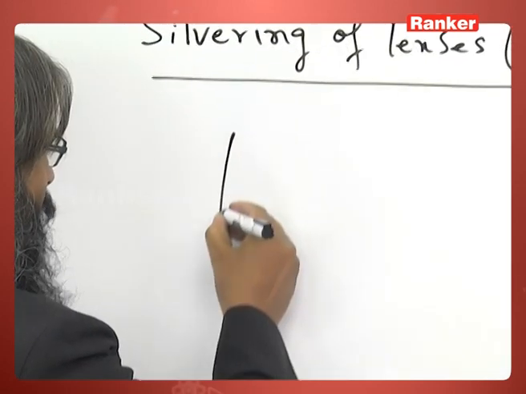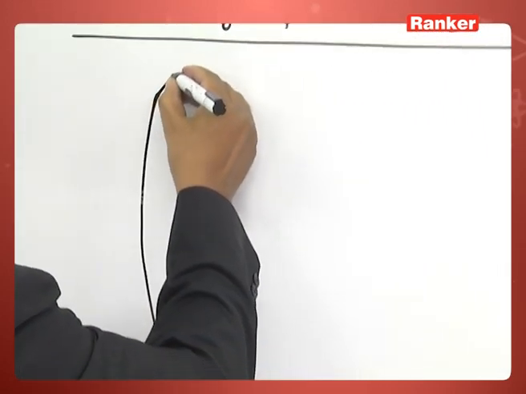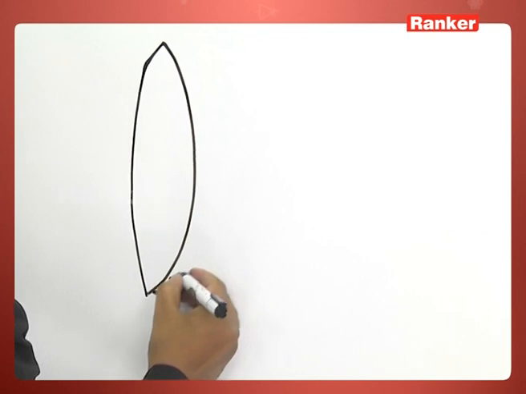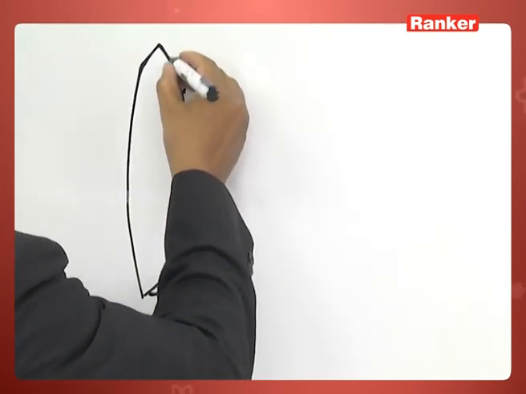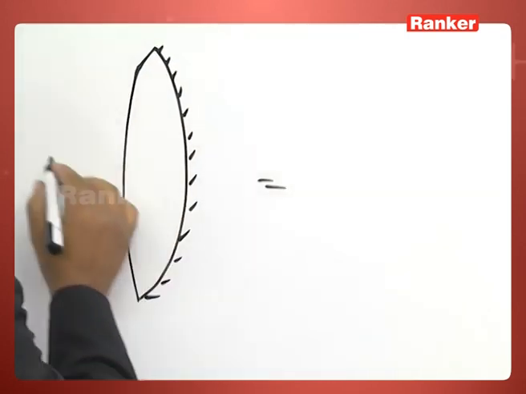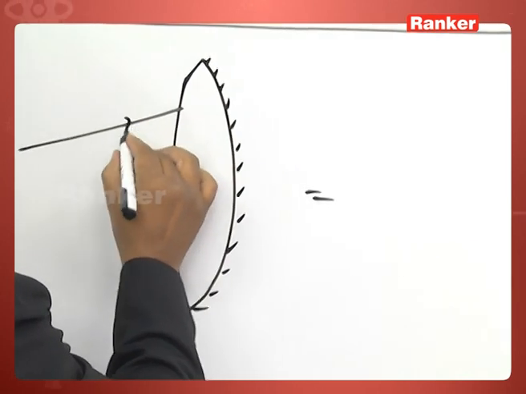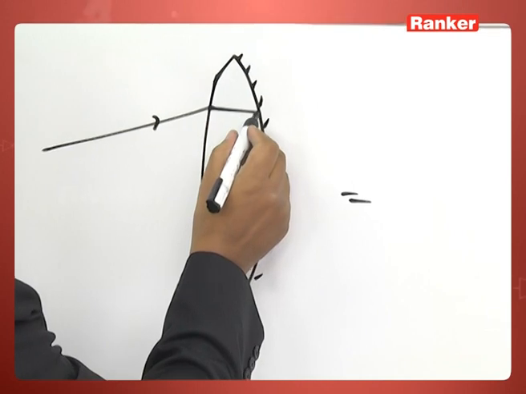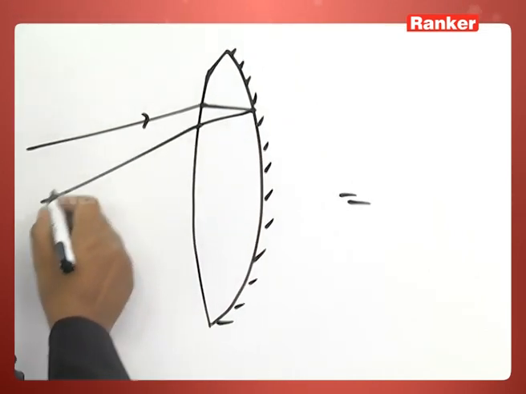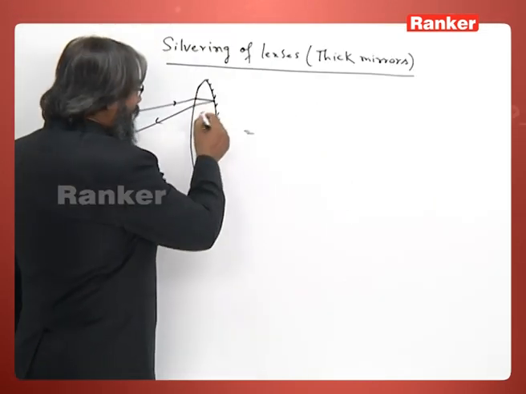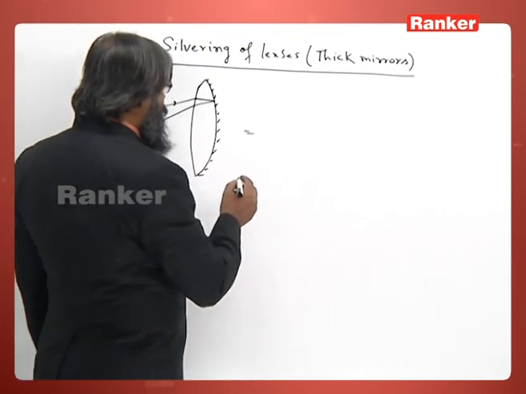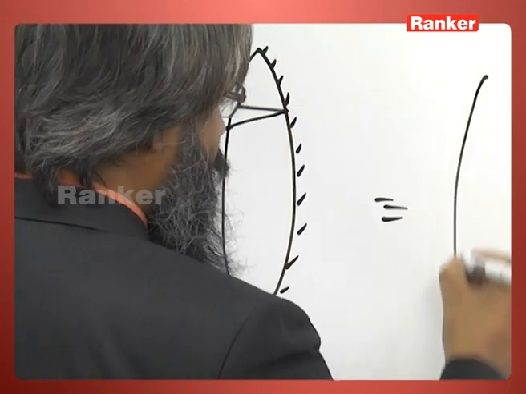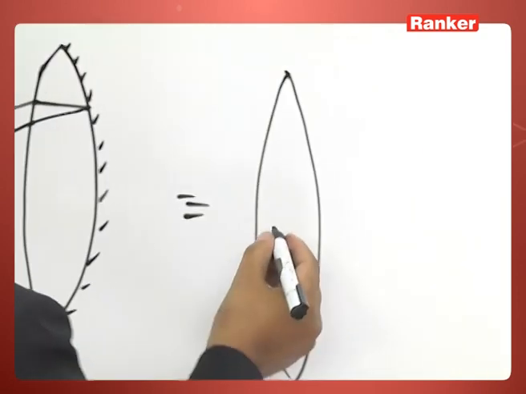Now, suppose this is my lens and I have silvered this. So, when a ray goes here, it refracts, then it reflects, and then again refracts. So, 2 times it passes through the lens. So, we can say that this is equivalent to this.